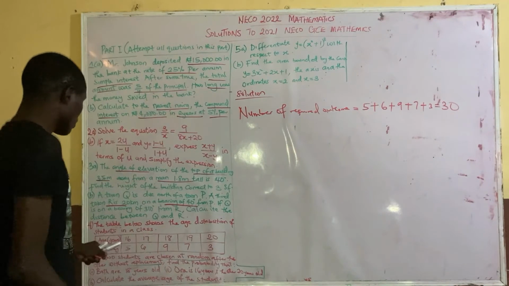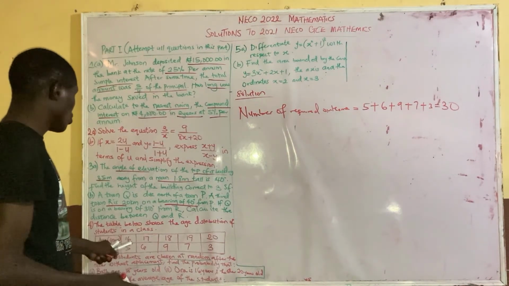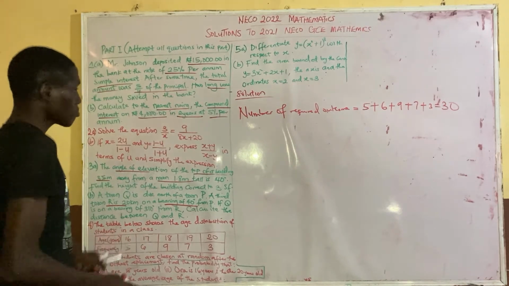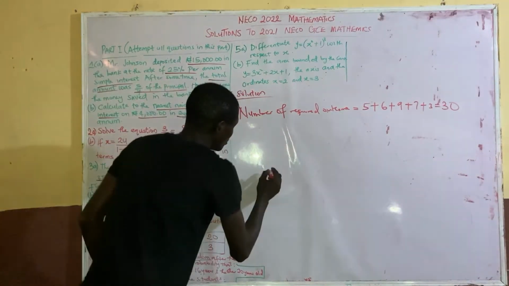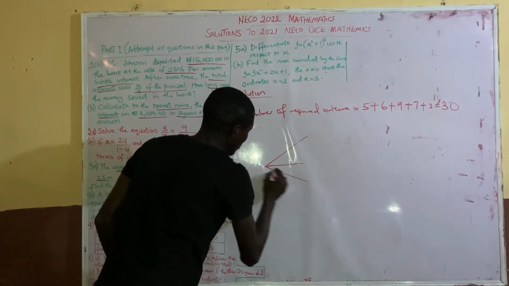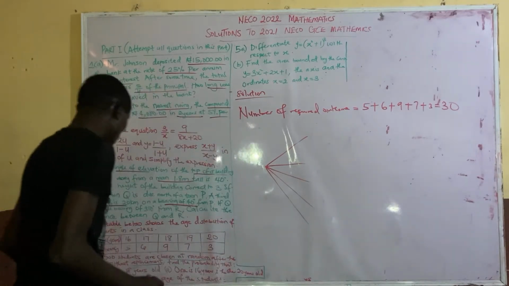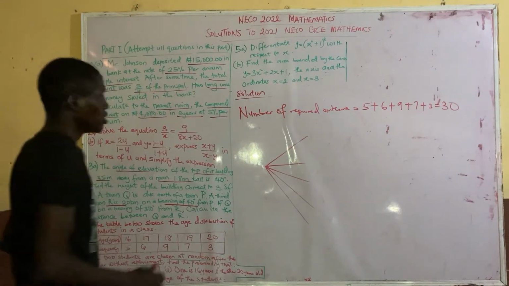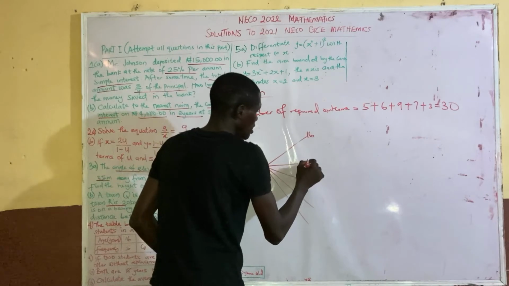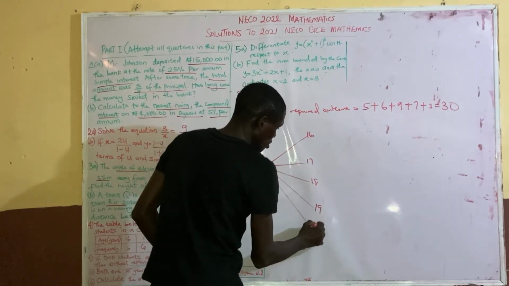Now, to sketch a tree diagram for this, because it involves 5 age groups: 16, 17, 18, 19, then 20.